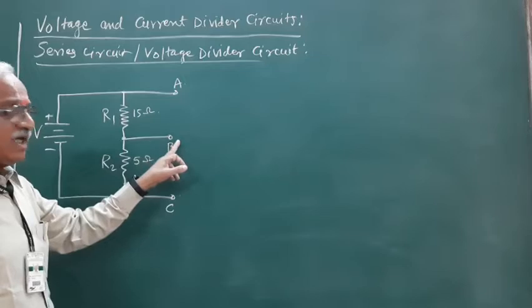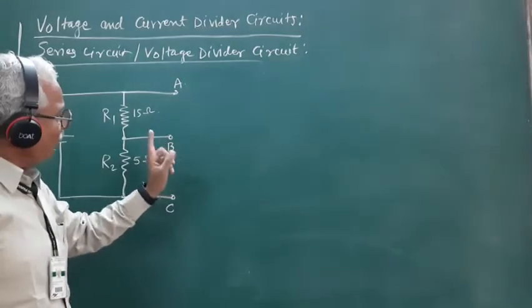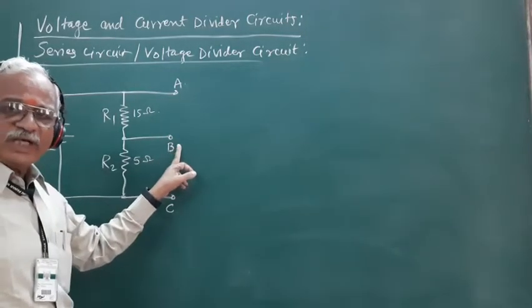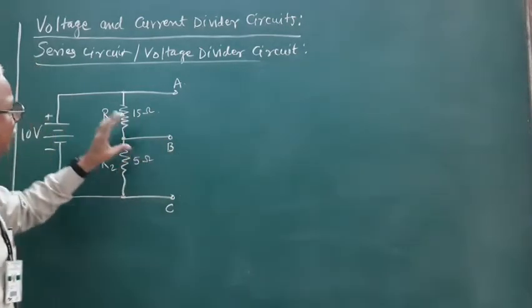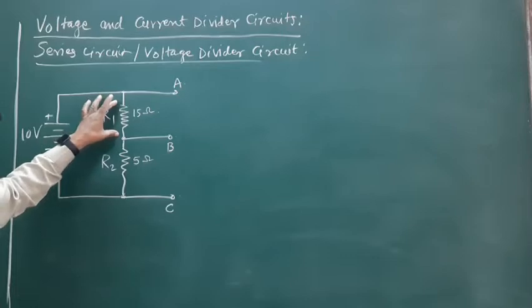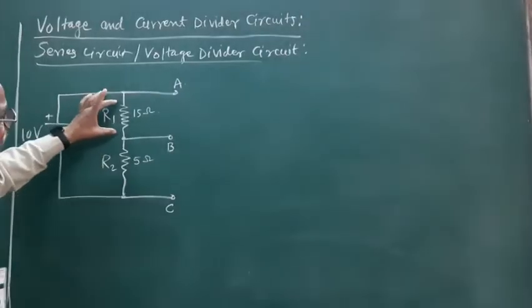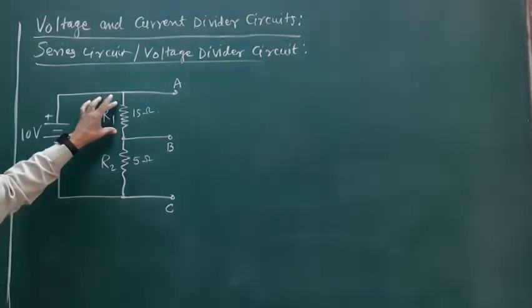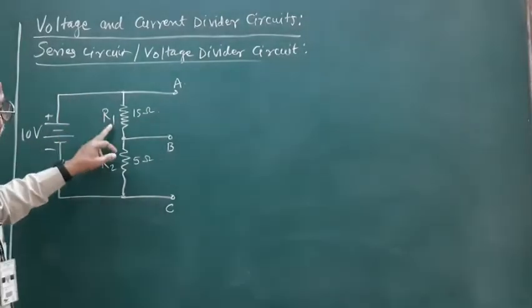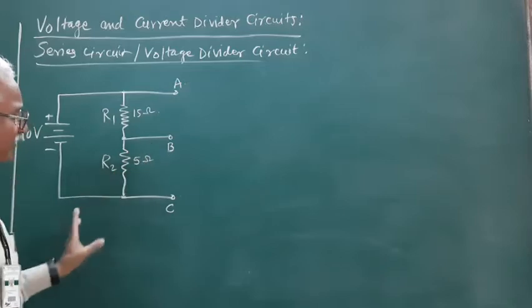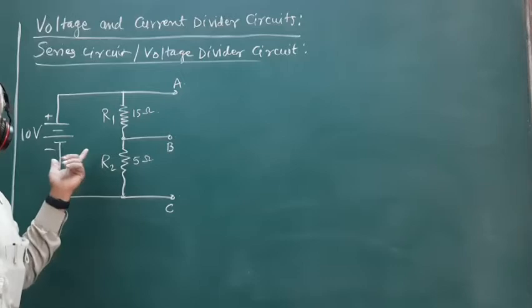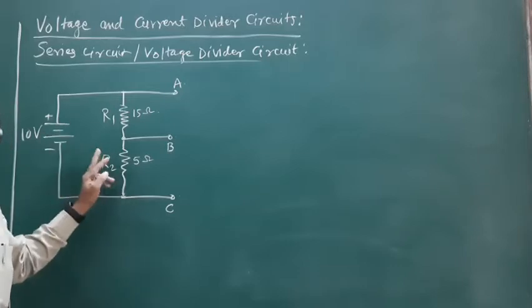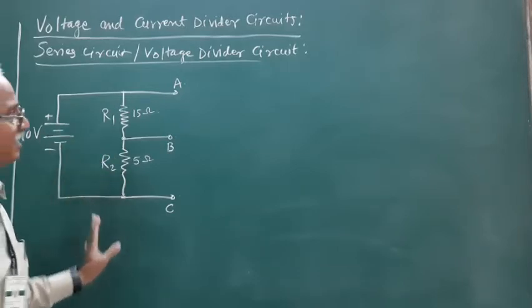What will be the potential at point B? To find out the potential at the point B, we should first calculate the potential drop across the resistance R1. To find that, we must know the current flowing through R1, and for that we should know the total resistance of this series circuit.